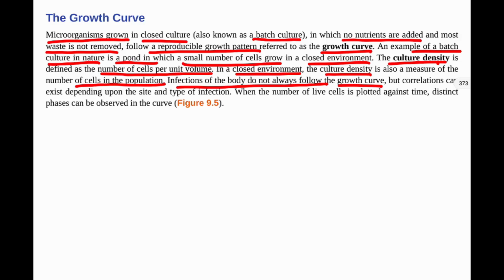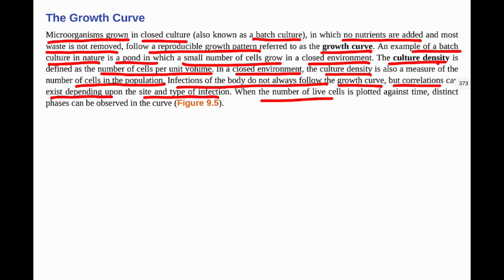However, correlations can exist depending upon the site and the type of infection. Lots of research has been done on the organisms, and depending on the particular bacterium, the site that it's located in, and the type of infection, we do have some correlations, some things that we know about how fast things will grow and the different stages they'll be in at certain times.